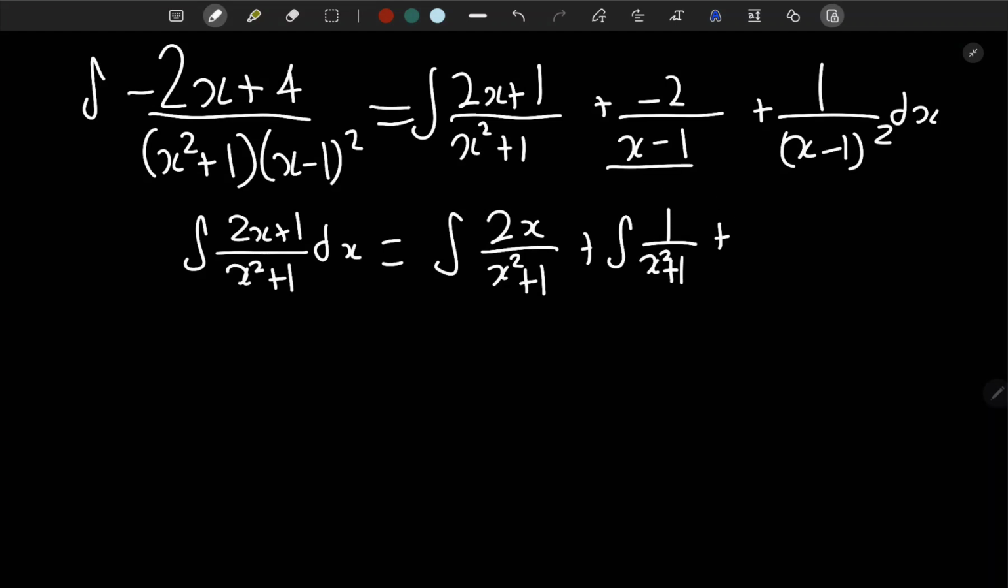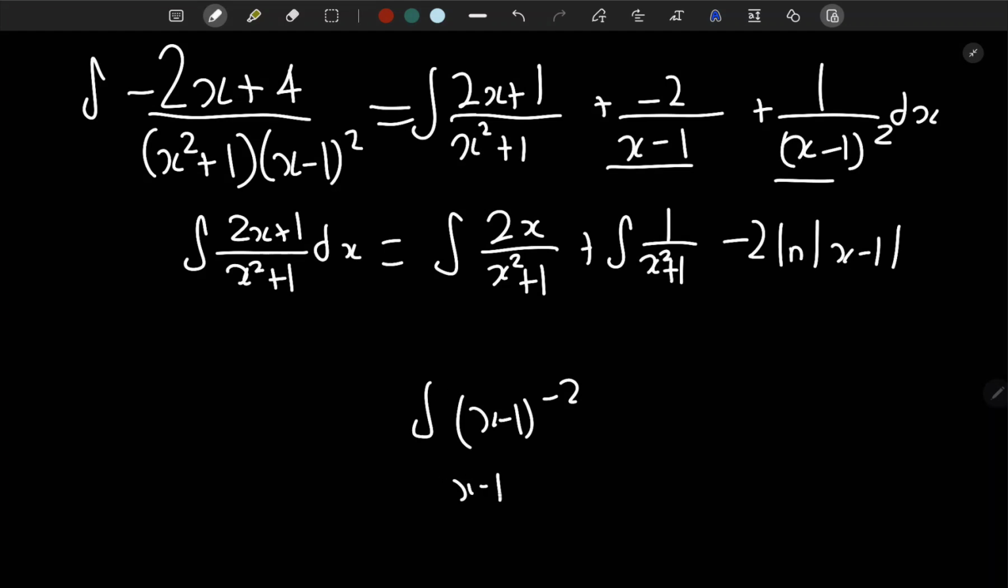And the integration of minus 2 over x minus 1 is just going to be minus 2 ln absolute value of x minus 1, and this part is just going to be, I'm going to quickly do it here, x minus 1 to the power of minus 2, and integration will be x minus 1 to the power of minus 1 over minus 1, and it will be minus 1 over x minus 1, and that's it.